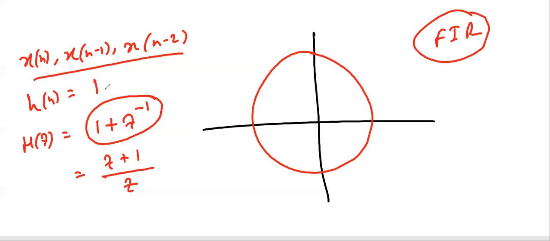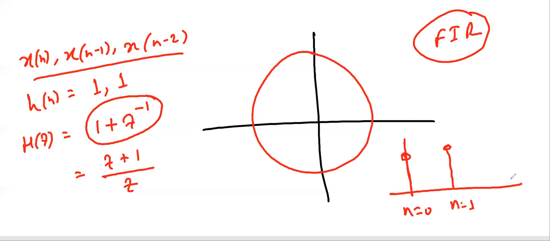One is 1 at the location of n equals 0, and the other value is 1 at the location of n equals 1. That means it looks like this. So you have one stem there at n equals 0, and another stem here at n equals 1, and this is your h[n]. This is the impulse response where the magnitude is 1 and 1.